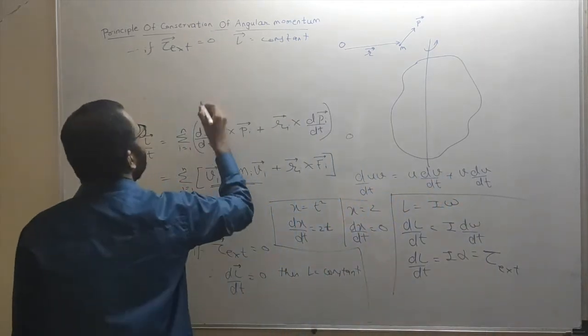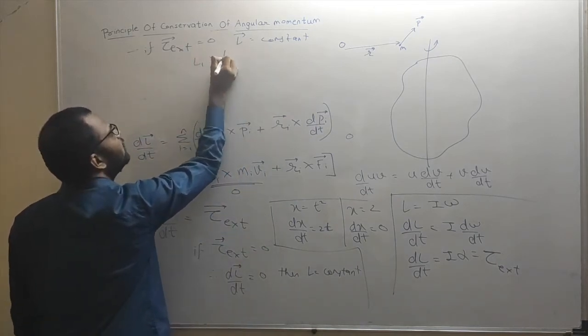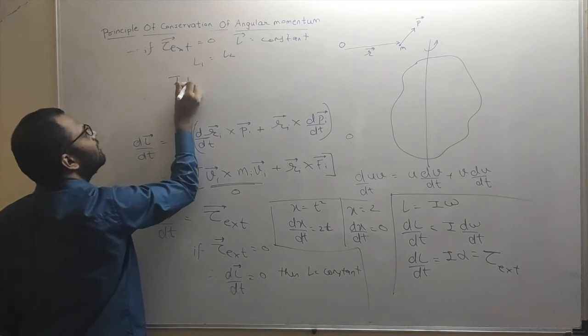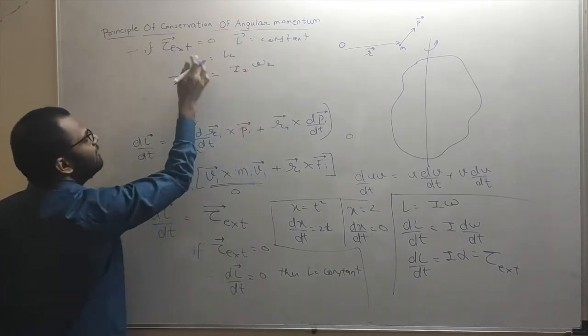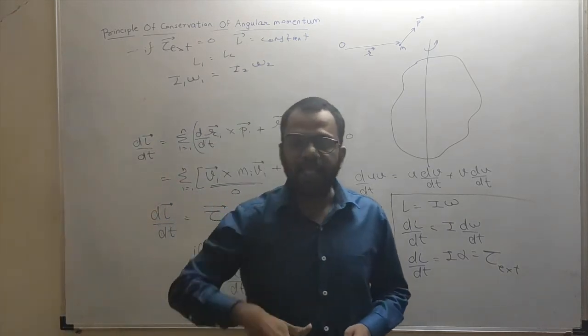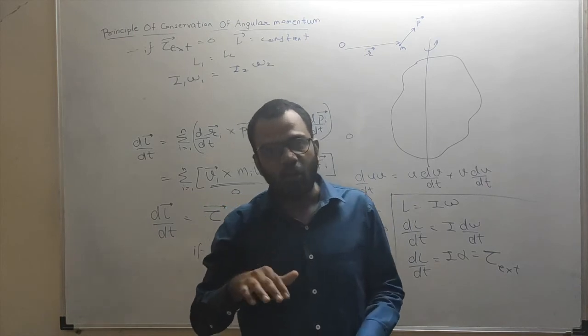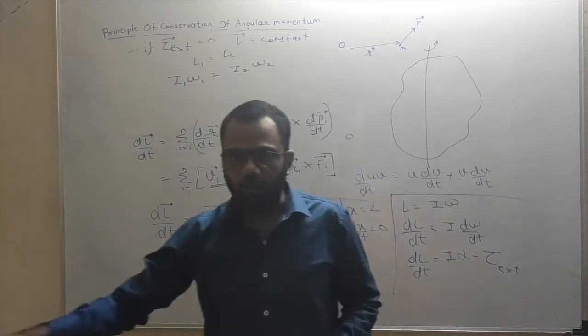Now angular momentum is nothing but I into omega. So if L is constant, I can say L1 is equal to L2. That means I1 omega 1 will be equal to I2 omega 2. So if tau is 0, this product I omega will remain constant. So if I increases, omega will decrease, or if omega increases, I will decrease. Okay? Now check this example.